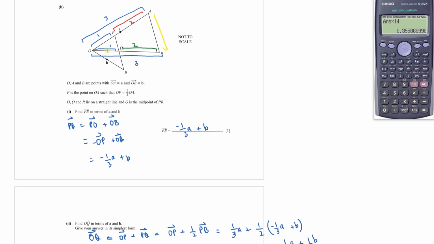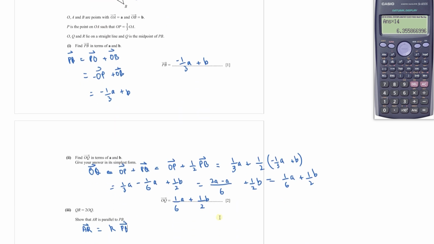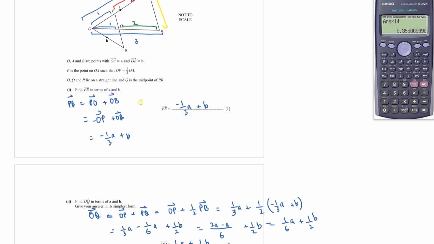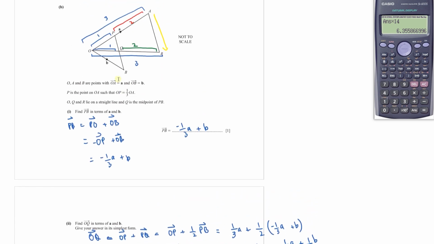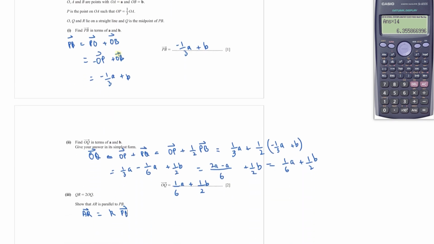If I multiply it by 3, I will get this full vector OR, because this is 1:2 and this is 1:3. Comparing OQ with OR, if this is 1, this is 3 times. OQ, which we calculated in the previous part, is 1 by 6a plus 1 over 2b, then OR will be 3 times this OQ.